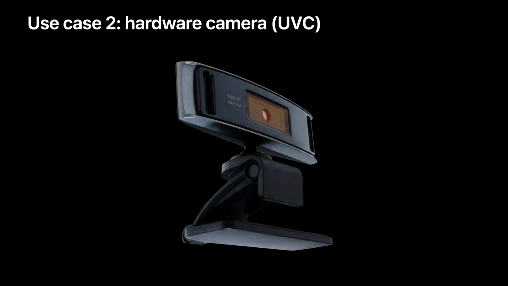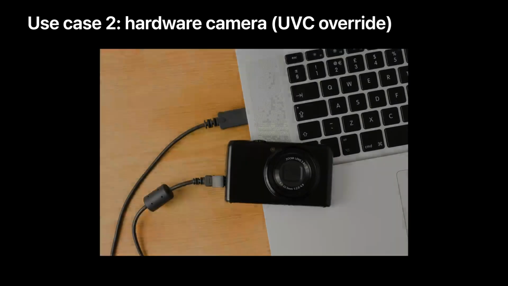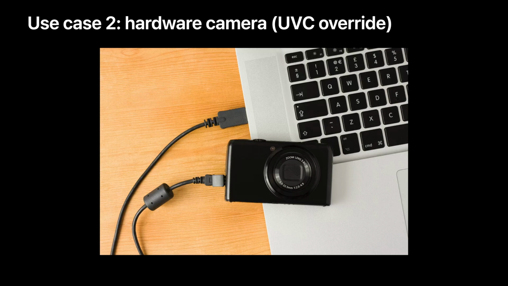Apple provides a class-compliant extension for USB video class, or UVC cameras. It works great for cameras that conform to the UVC spec. If, however, you need to support a USB camera that uses non-standard protocol, has additional features outside the UVC spec, you can create a camera extension that overrides Apple's UVC extension, allowing you to claim a particular product and vendor ID.